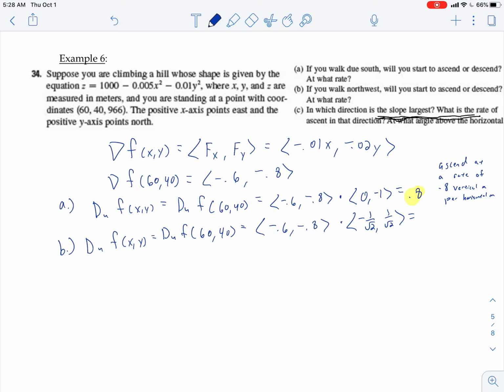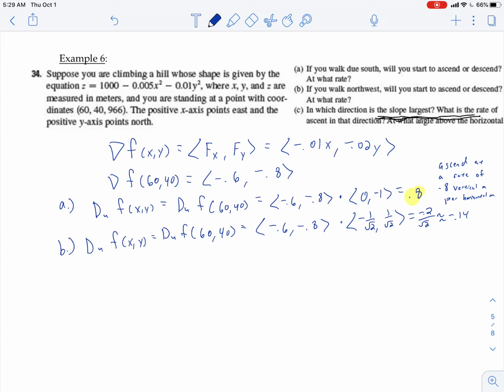When we do this, we're going to have negative 1 times negative 0.6, which is going to give us 0.6, plus 1 times negative 0.8, which is just going to give us negative 0.8. So 0.6 minus 0.8 is going to be negative 0.2 over radical 2. And that's just going to be an approximation of negative 0.14.